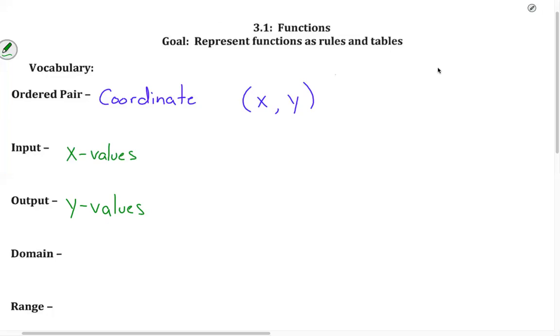There are a lot of different ways we could talk about it, but I'm simply going to keep it as this. Your input is your X values, and it's your independent variable.